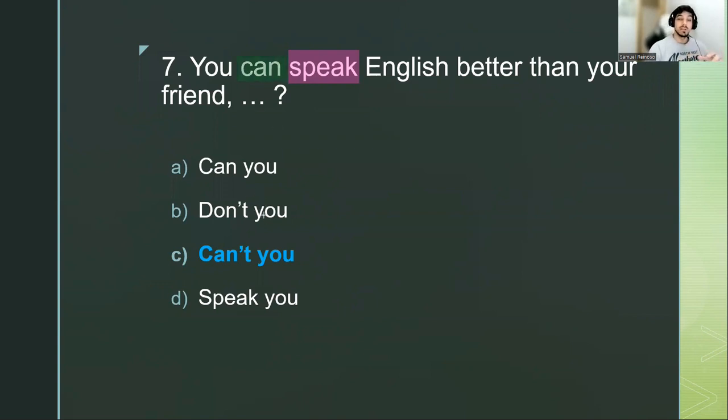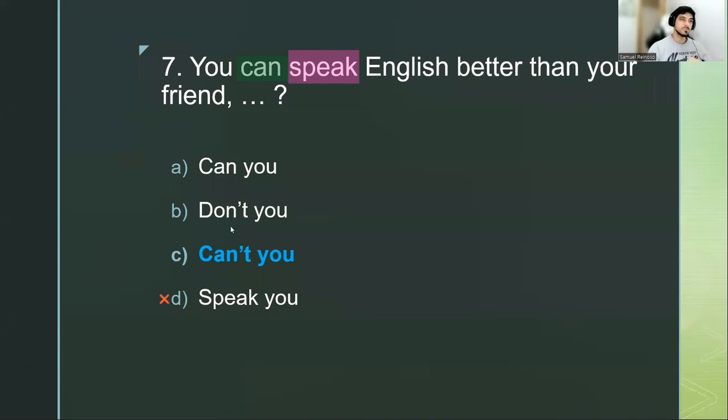So that's going to work like the auxiliary in this sentence. So then we have to look for this in the answers. So let's see. What about D? Speak you. You can speak English better than your friend. Speak you. Speak is the main verb, okay? Not the modal or the auxiliary. So that is not possible.